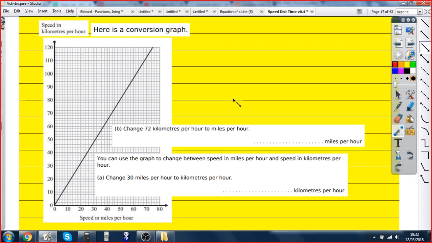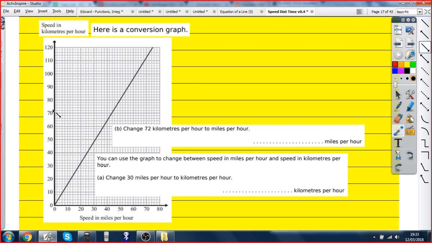Is it x-axis or y-axis? Y-axis. So we go 72 kilometers per hour. We go up to 72. There's 5 squares in between 70 and 80.